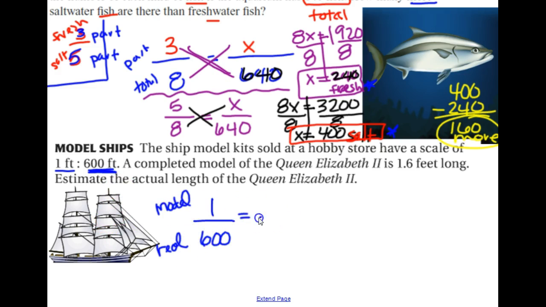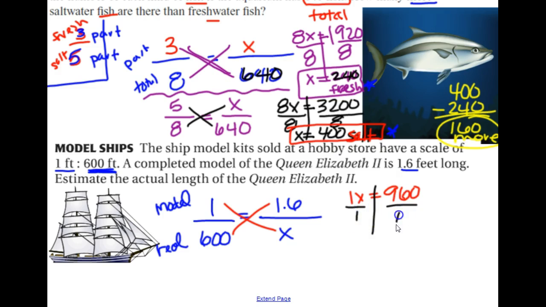So we need to set up our proportion. This really is the total, the real size of the ship. The model is 1.6 feet long, so the model goes on the top. We need to figure out the number on the bottom. So we're going to cross multiply. 1 times x is just 1x. 1.6 times 600 should give me 960.